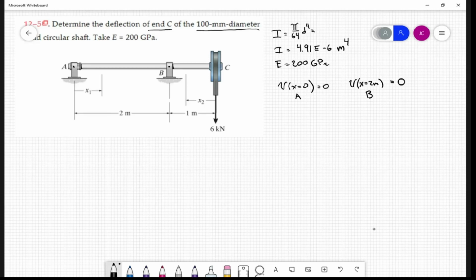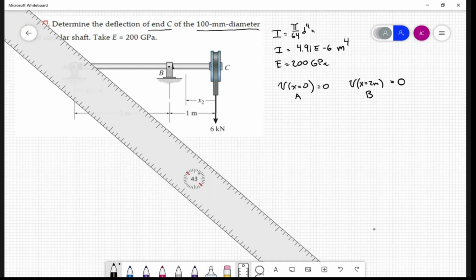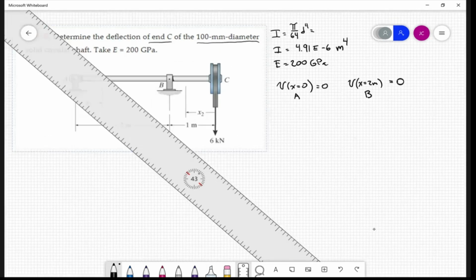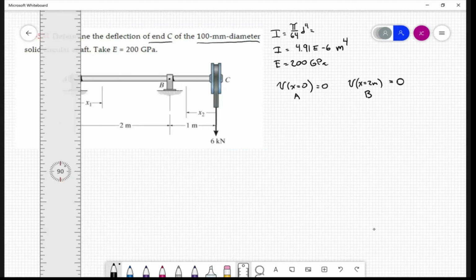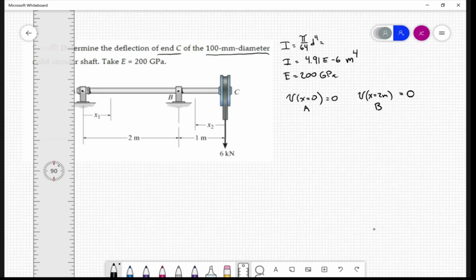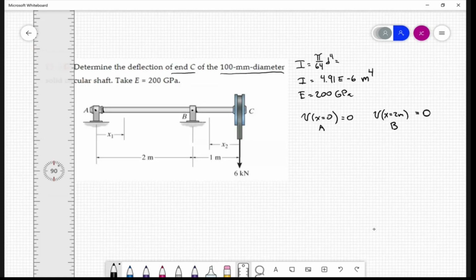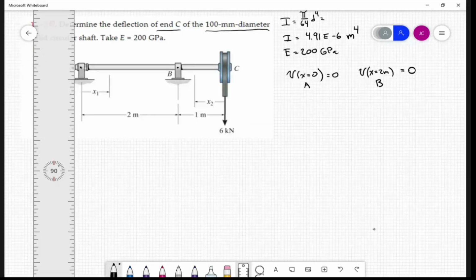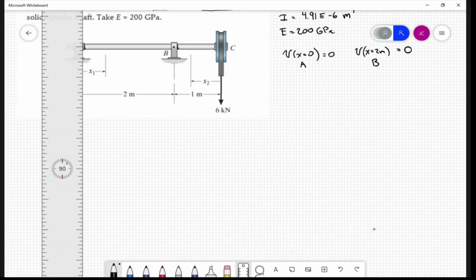Okay. All right. So first we got to get the moment curve. All right. So let's see if I can do this somewhat neatly. Maybe I can't. All right.